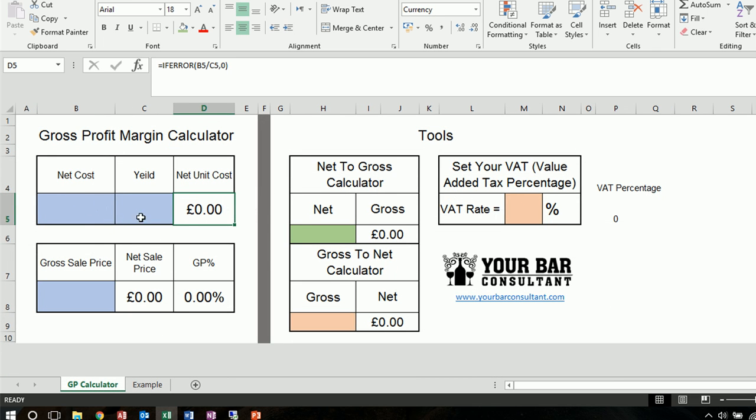Okay, so we now know that the net unit cost is that. So now we can work out our gross profit margin.